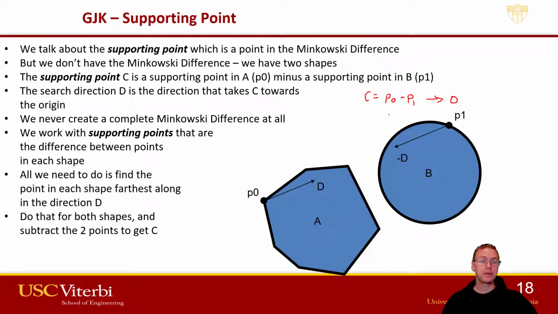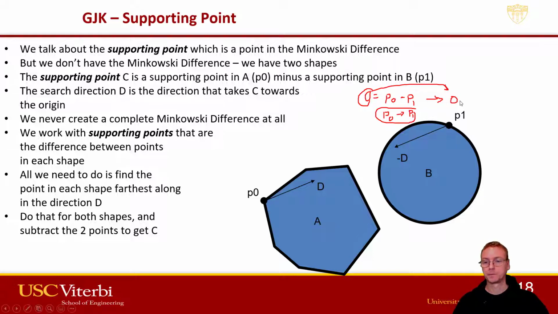Well, that means we're trying to drive P0 and P1 closer and closer together. And as we're driving P0 and P1 together, we're driving C towards 0. So the next search direction we want to search is the direction that takes C towards 0.